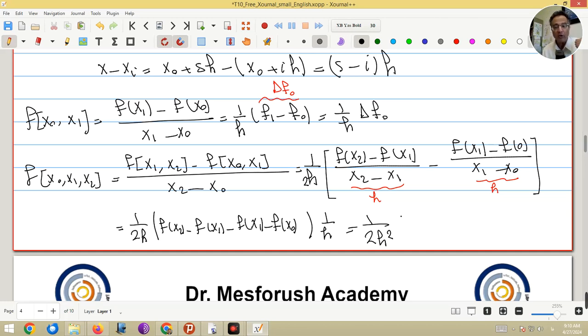We know from the previous lecture that this is the definition of delta squared f of x0, so I can write 1 over 2h squared delta squared f0.